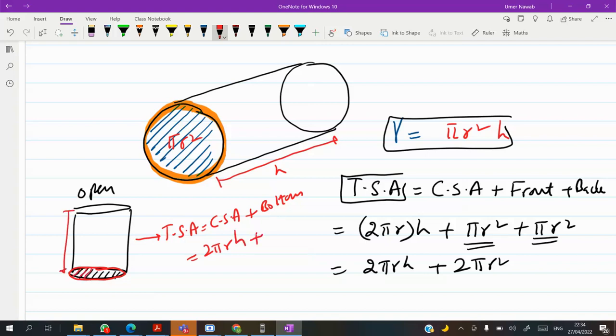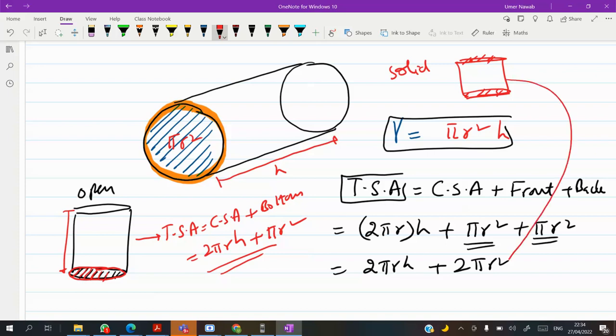And the bottom is pi r squared. So this is for an open cylinder. But if the examiner says solid cylinder, you have the top, the bottom, and the curved part. The solid cylinder surface area is the one which I have explained to you.